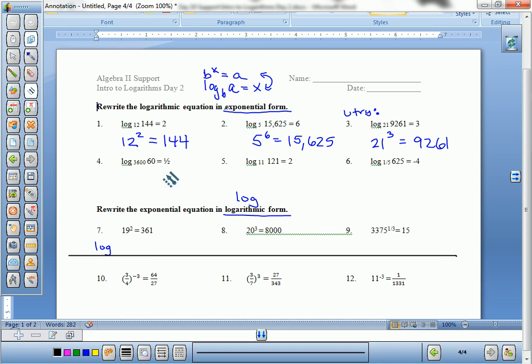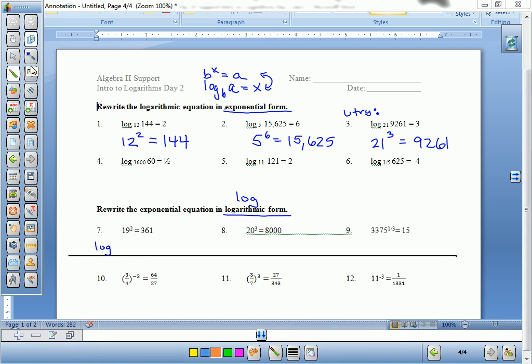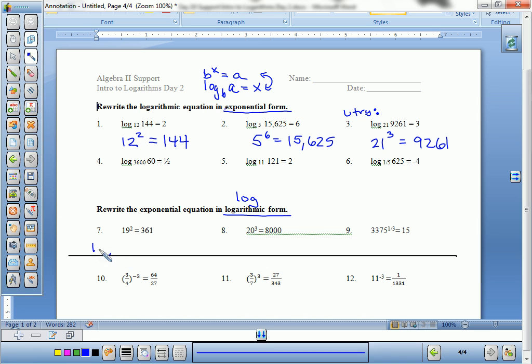All right, so I'm going to write log on the line. My base is 19, so 19 goes right here. It's a subscript. It's a little below. The answer part is 361 equals the exponent. Okay, so you try 8 and 9.